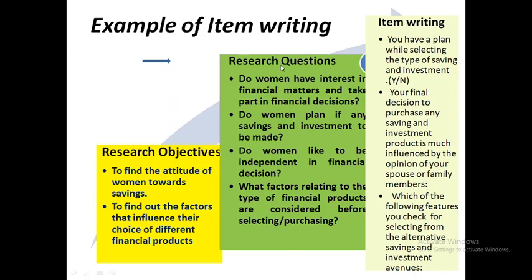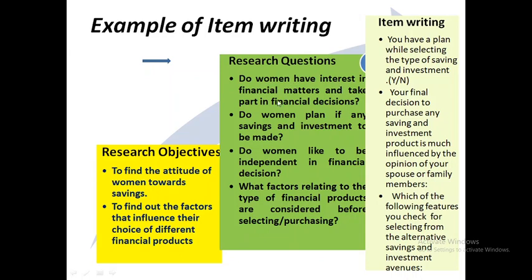Then see, these research questions actually arise from the research objectives. The research question: do women have interest in financial matters and take part in financial decisions? Since the objective is about finding the attitude of women towards saving, this question is framed.